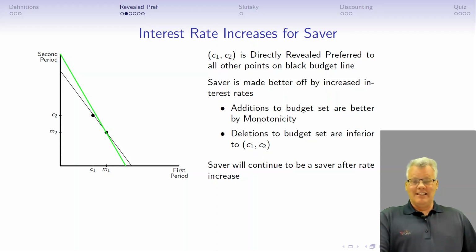So what that means is that C1 can never rise above M1 when we face an increase in the interest rate. But what the Slutsky equation is telling us is we don't know whether C1 increases or decreases, right? We have an upper boundary of M1, but it can either increase or decrease.